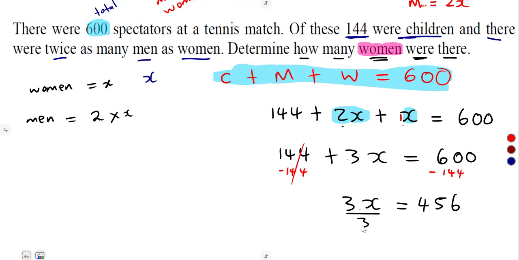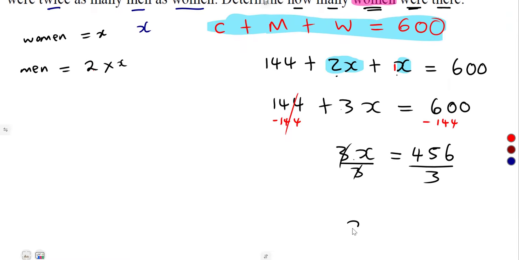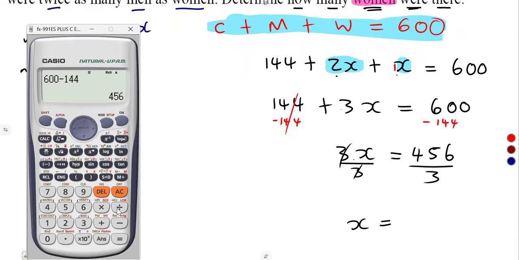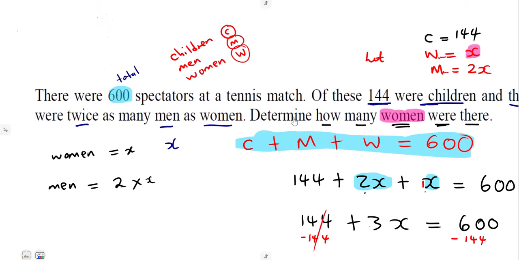Okay, divide by 3 here so that you can obtain the value of what? The value of x. So x is equal to what? Simply take this one, divide by 3. So this is 152. So remember, x was not part of what we were given.